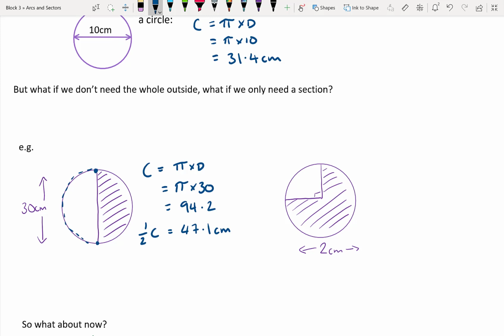So let's have a look at the second example. Same idea, only this time I'm only interested in that quarter of the circle. I would find my circumference, which is pi times the diameter. In this instance, I've got pi times 2. Turn to your calculator, 6.28.